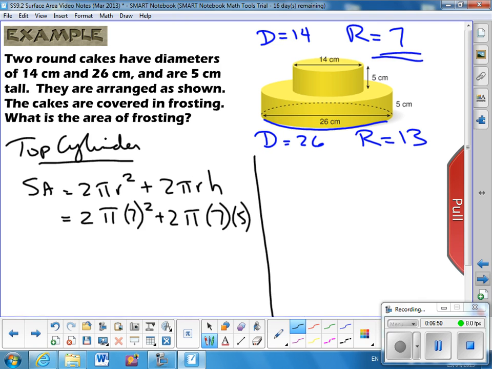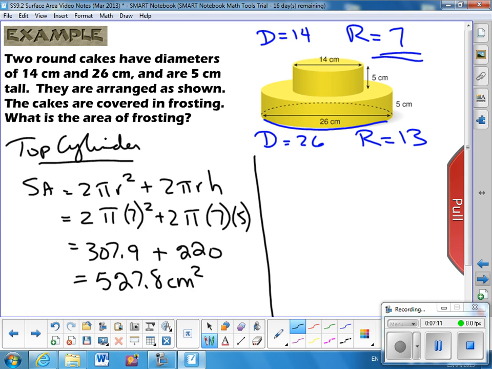We square 7, times it by 2, times it by pi to get 307.9, plus 2 times pi, and try to use your pi button, not 3.14. 2 times pi times 7 times 5 is 220. 527.8 centimeters squared is the surface area of the top cylinder.